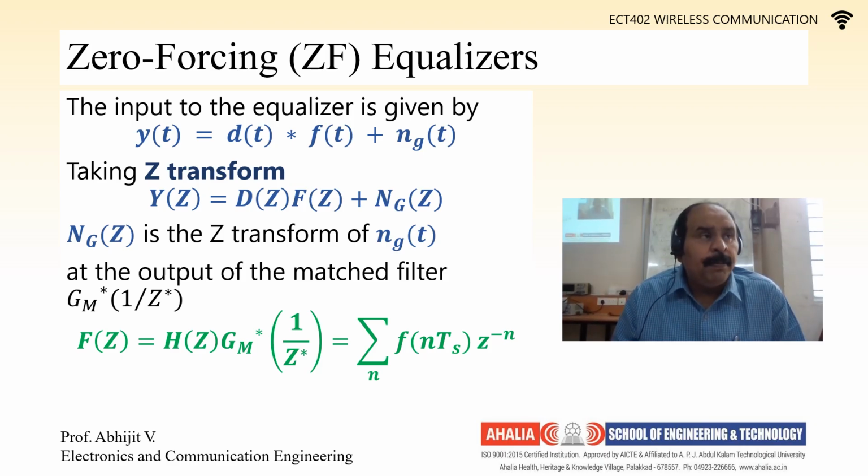At the output of the matched filter, the matched filter frequency response is given by Gm conjugate of 1 by z conjugate, where Gm is the transfer function of the matched filter.